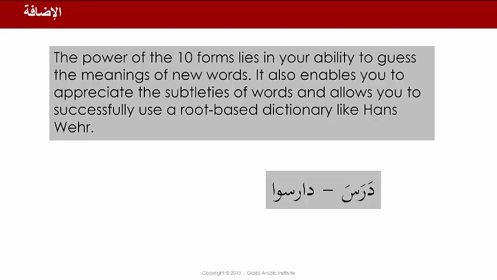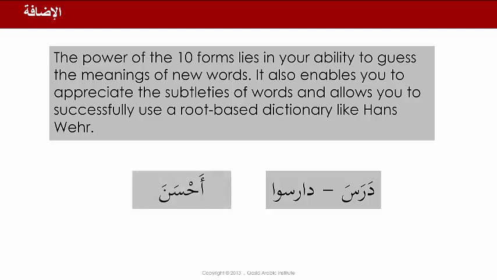I know that form 3 has a social meaning, so if the meaning of form 1 is to study, then to study together might be a good meaning for darasu, which is third person masculine plural, past tense, so they studied together. So you can guess the meanings of new words that are related to a root you already know if you apply some of these rules from the 10 forms.